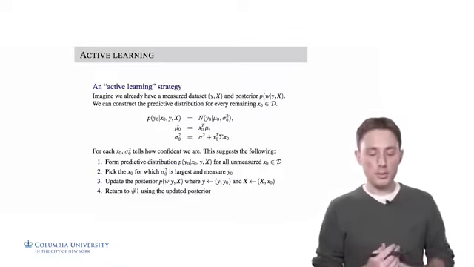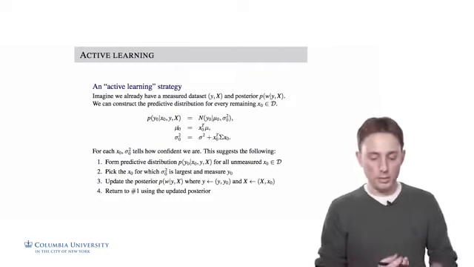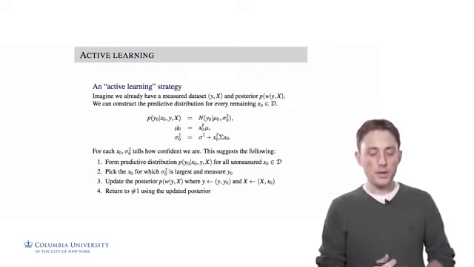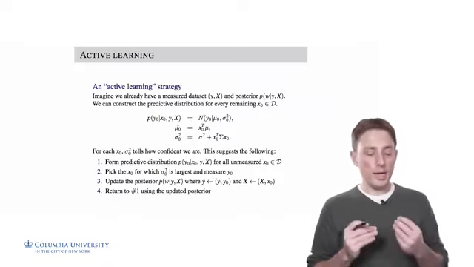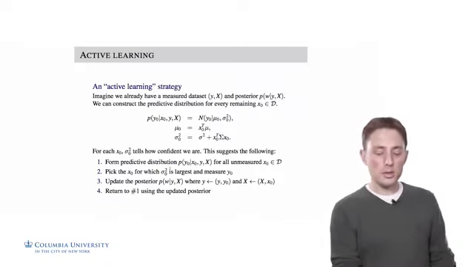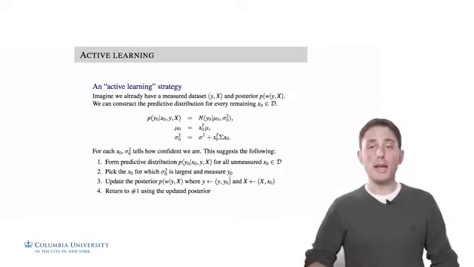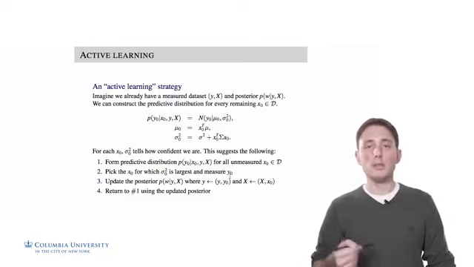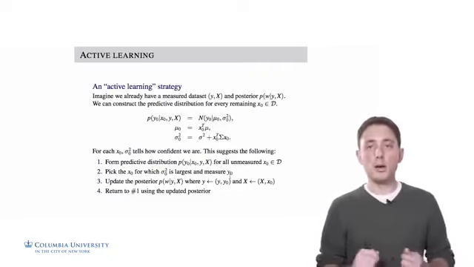First, form the predictive distribution on all data in our set that do not have the corresponding response. Then pick the data point x0 for which our uncertainty is the greatest, and measure the corresponding response. So then actually decide to go into the field and dig a hole in the ground or perform a lab experiment that might cost some money.